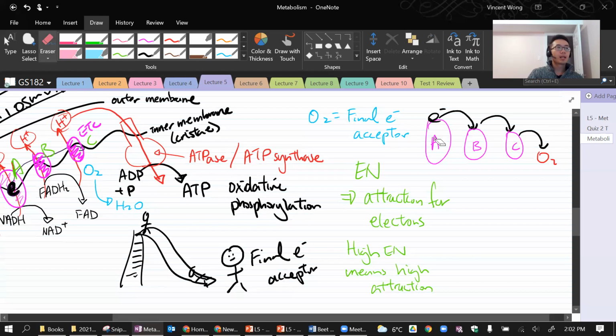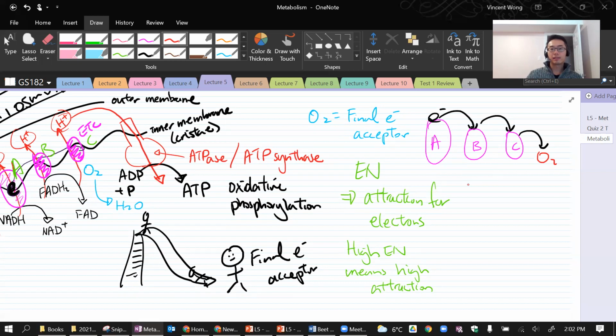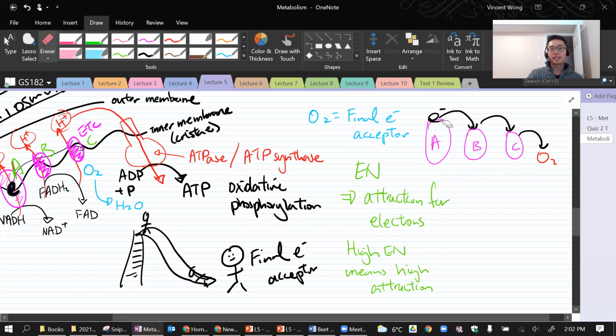Well, actually, as you go down the chain, the next protein is the one that will have higher electronegativity, right? It has a higher attraction for the electron. That's why it's able to rip the electron from it. B likes the electron more than A. That's why it will grab it from A. And C likes it more than B. That's why it will grab it from B. And oxygen will like it even more than C. And that's why it's going to grab it from them.